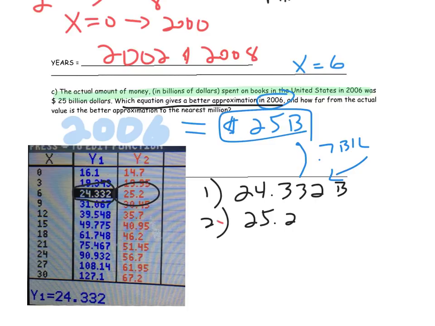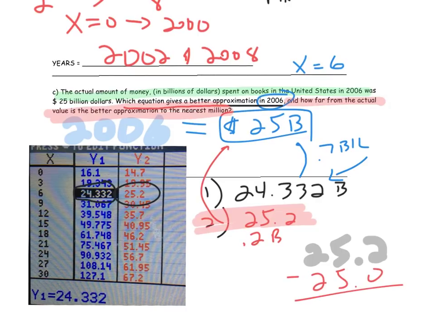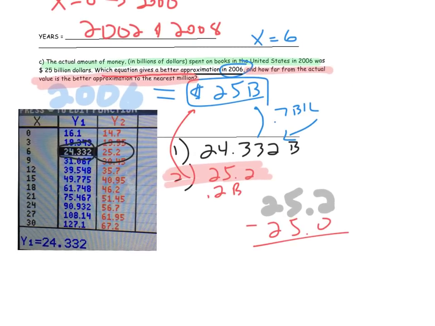Equation 2 is 25.2, so that's 0.2 billion away. So which one is closer? It looks like equation 2. And it says how far from the actual value is the better approximation to the nearest million. Well, equation 2 is 25.2 billion, the actual value is 25 billion, so when I subtract, I get 0.2 billion.